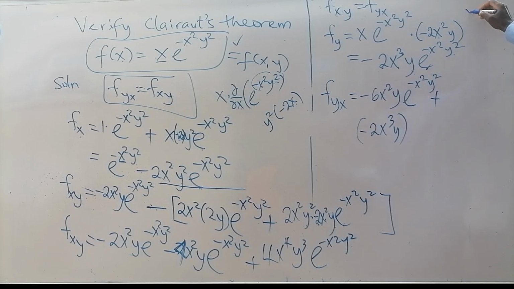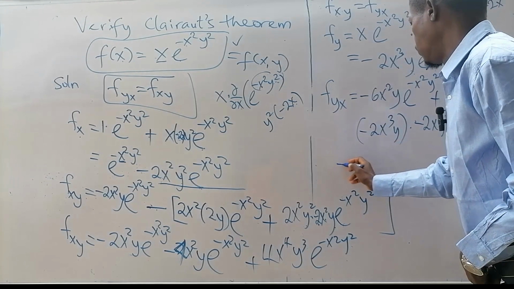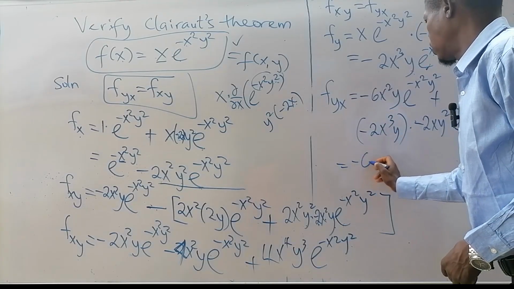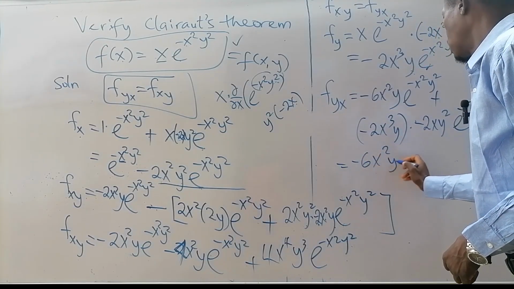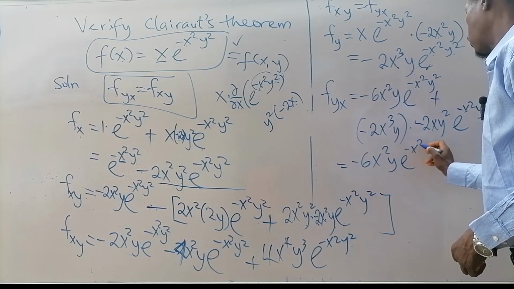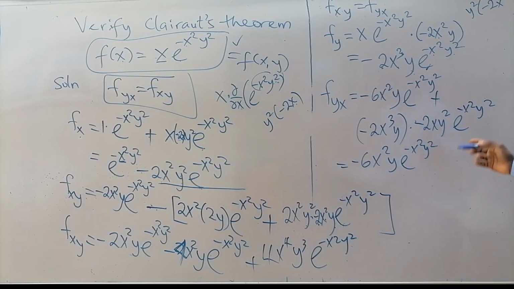We're keeping y squared constant. We're differentiating minus x squared, that's minus 2x. So I'm having times minus 2x squared e to the power minus x squared y squared. If you do the algebra, it's going to give you minus 6x squared y e to the power minus x squared y squared. Then open your brackets.